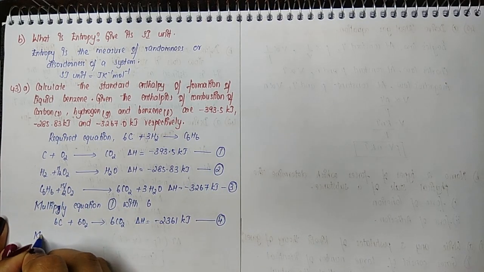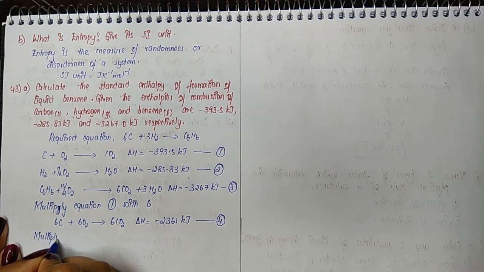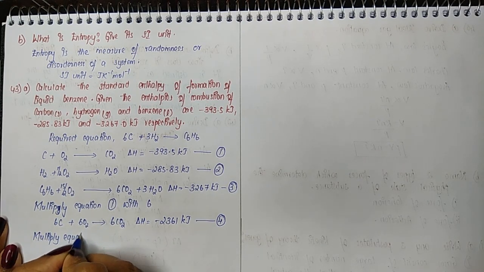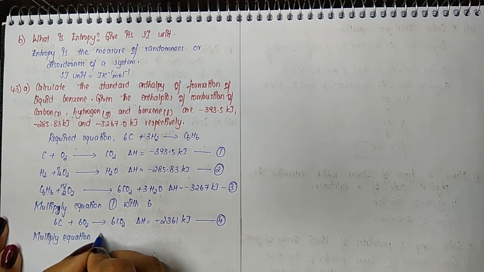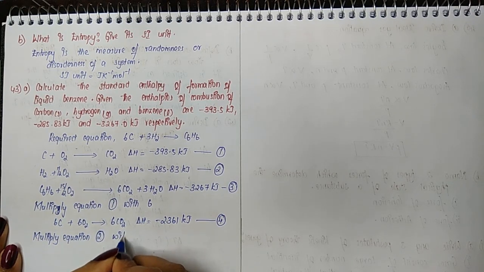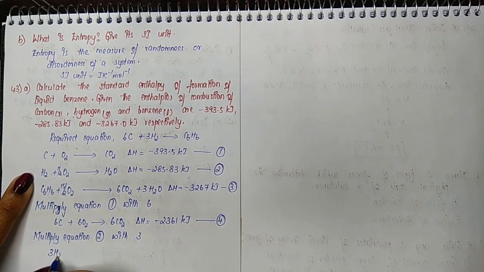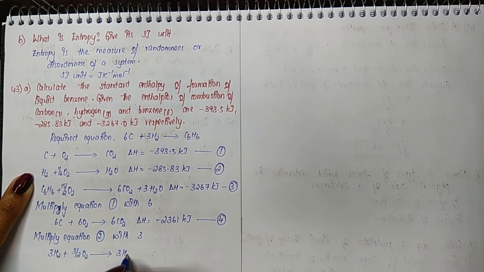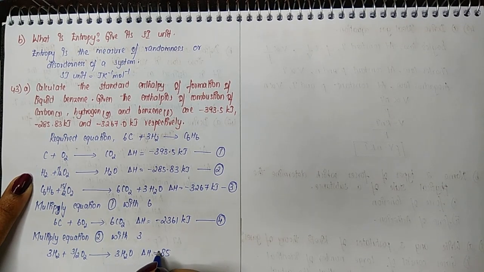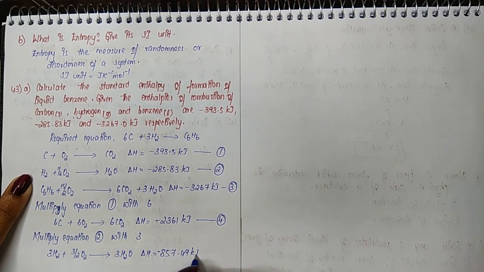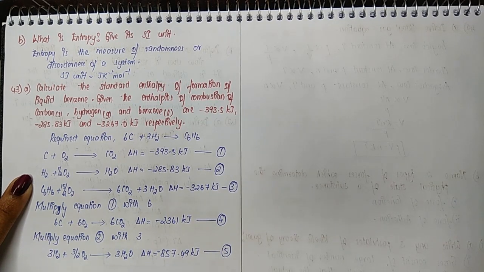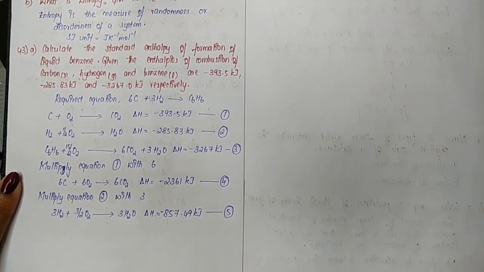So here we will get 3H2 plus 3 by 2 O2 giving 3H2O, and its respective delta H value is going to be minus 857.49 kilojoule, and this is going to be numbered as new equation number 5.